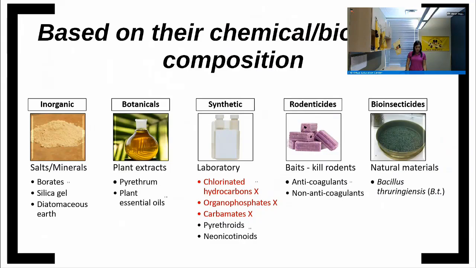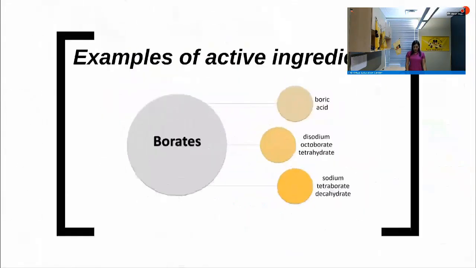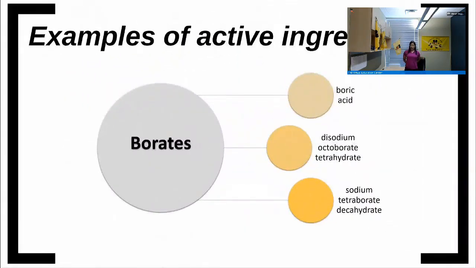Now back to the borates. When you look at the label of the borates we use, you're going to see the active ingredients. Active ingredients is the actual substance that kills the pest. So boric acid, disodium octoborate tetrahydrate, sodium tetraborate decahydrate. These are borates. Borates are non-repellent.